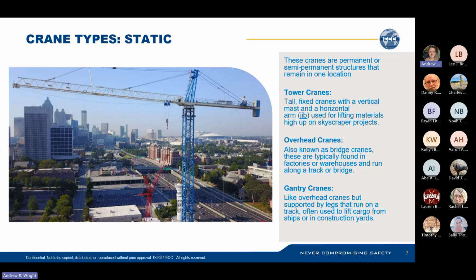There are also overhead cranes, known as bridge cranes, typically found in factories or warehouses, which run along a track or a bridge. And there are also gantry cranes. They're like overhead cranes, but they're supported by legs that run on a track. They're often used to lift cargo from ships or in construction yards.